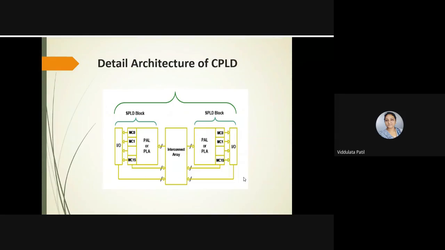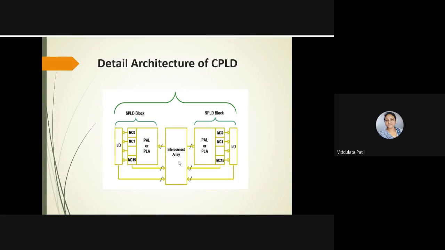So this is the detailed architecture of a CPLD. Actually, we have discussed this architecture with respect to the MAX 7000 series as well as the Xilinx XC9500. You must have observed that in both of these ICs, the structure is almost similar. Maybe there is a slight difference, but it is almost the same. So this is a PAL-like structure, that is a PLD, which has macro cells connected to this IO block.